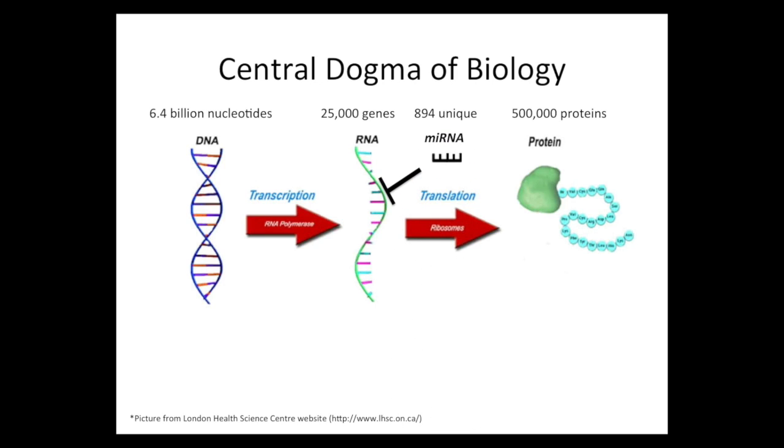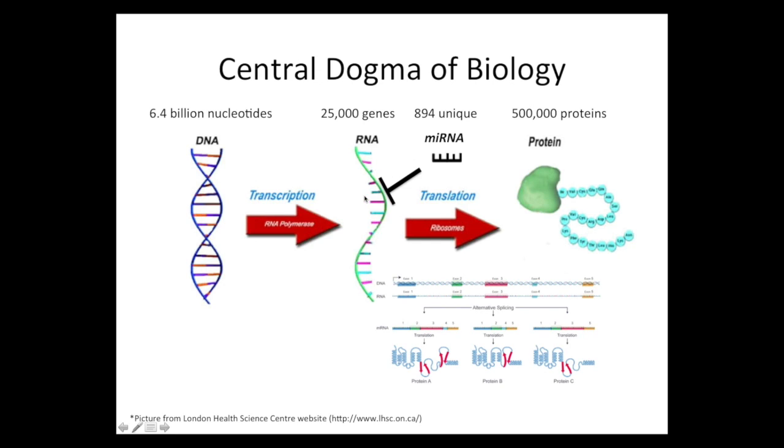We've discovered that there are microRNAs. So not only do we have this process, but we also have other things that we can measure that modulate it. These microRNAs will actually degrade particular species of mRNA depending on what they were coded for. And it's not just one RNA.